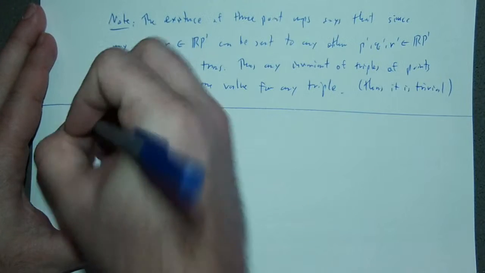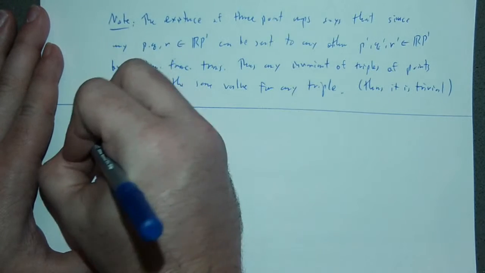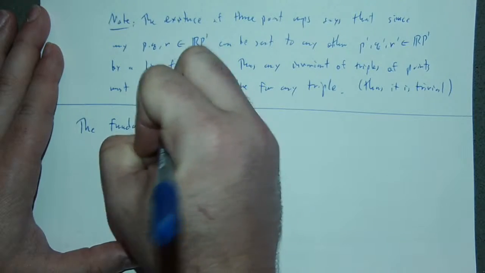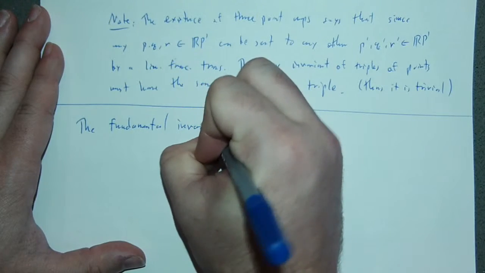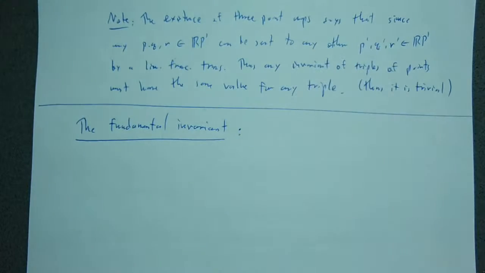And exactly what we mean by that is the last, where did I label these things? Characterization of linear fractional maps. I didn't label that number 4, so I'll just say the fundamental invariant. As we said, invariants of triples are pointless to talk about because they're trivial, but for invariance of 4 points in RP1, we already know the cross ratio is one, and it's not trivial.